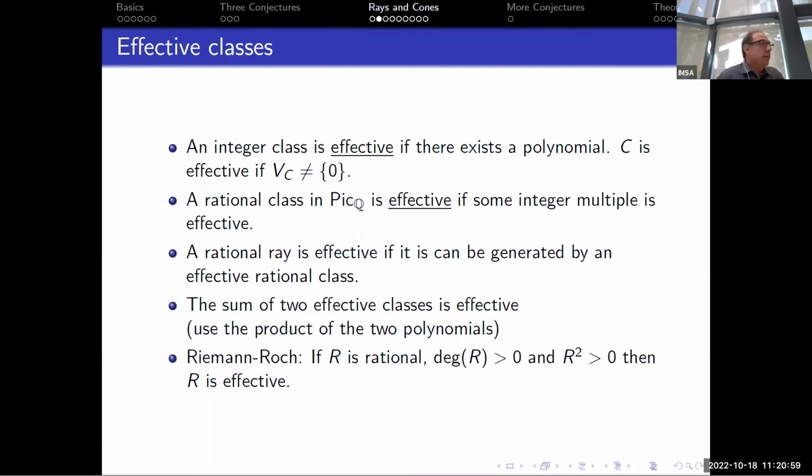Now, what Riemann-Roch says is that if you have a rational class, since of course Riemann-Roch only applies to rational and integer things, and the degree is positive and the square is positive, then it generates an effective ray, because some multiple would be effective by the Riemann-Roch theorem. So the degree and the square will give you some effective classes. And so the question is, what else can you get?